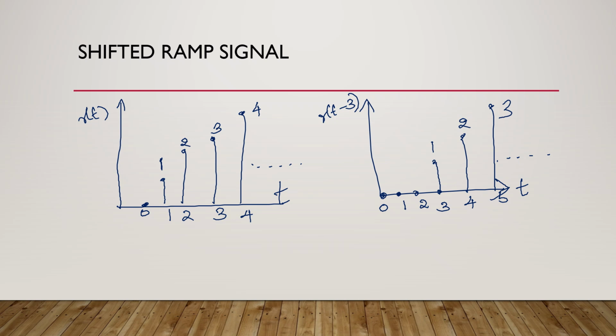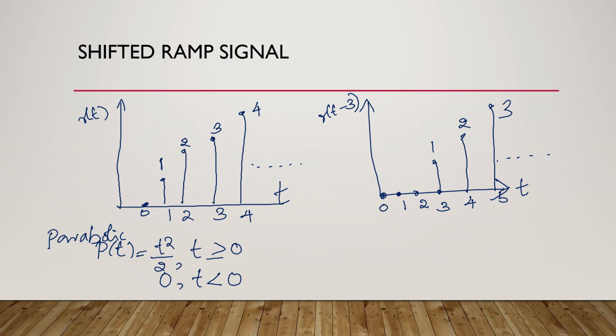Now we can see what the parabolic signal is. What is the unit parabolic signal? We denote the parabolic signal by p. p of t is equal to t square by 2 for t greater than or equal to 0 and 0 for t less than 0.